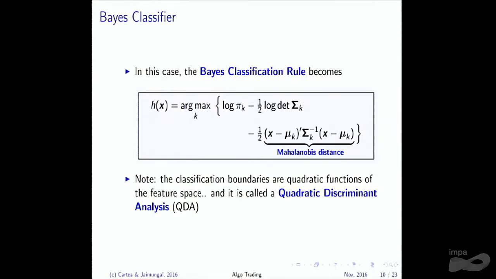So you're given a point in feature space. You look at the distance to the kth class mean over here, and here the kth covariance matrix, inverting it, and then you have this log of the determinant of that matrix. This comes from the density of the normal. And then you also have the log probability of being in a particular class. And you simply need to find the k that maximizes this. Now, if you look at that, this is a quadratic form.